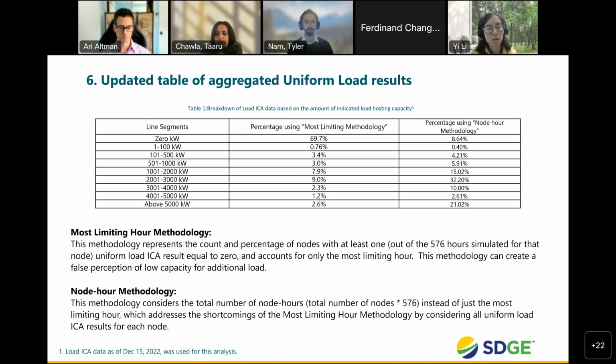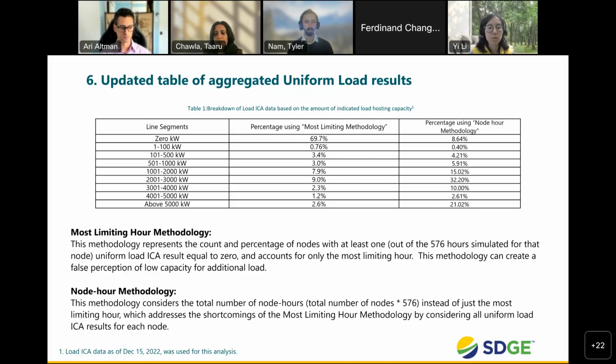Right, and that would then be used in an interconnection application in which an hourly load profile was considered rather than a uniform load profile. Is that correct, for an actual application rather than the ICA results?